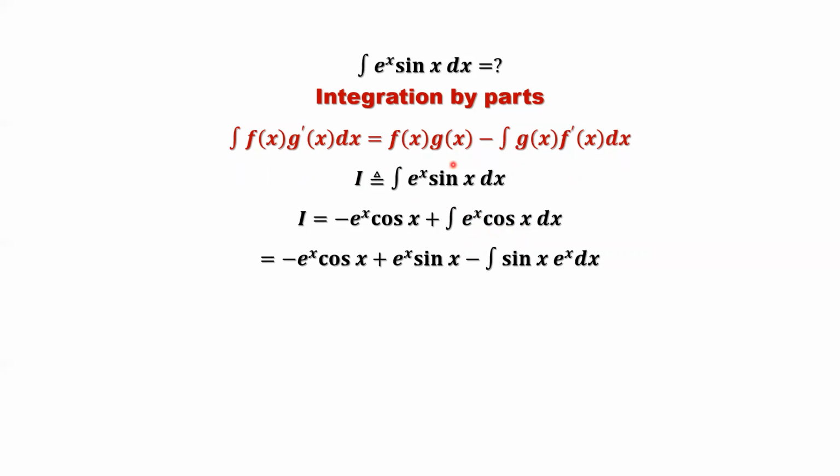F times g, f is e to the power x, g is sine x, minus g, that's sine x, times the derivative of f, which is the same as e to the power x. Until here, you can see now the last term is the same as the I we defined. We replace this by I.